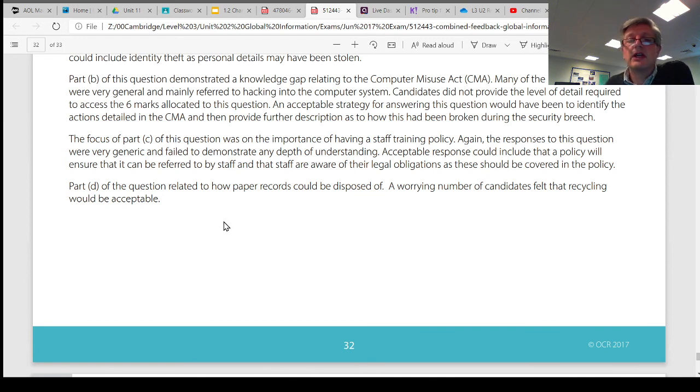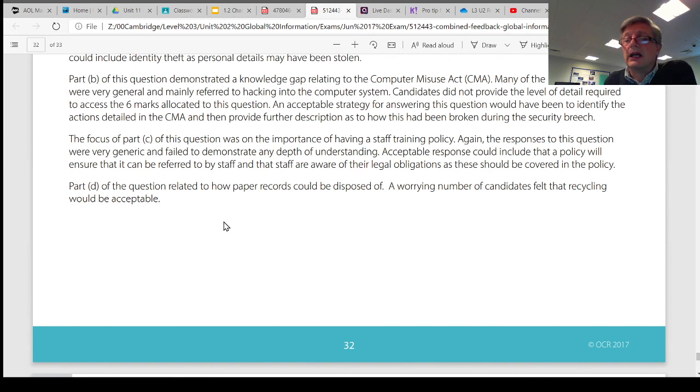Okay, so the examiner's clearly suggesting that when students sat this exam, many of them were not really sure about what the policy was or what the procedures were or why there was an important need to maybe have this policy and this staff training. And students didn't really understand the purpose of the policy or how it helped them to uphold their legal obligations.